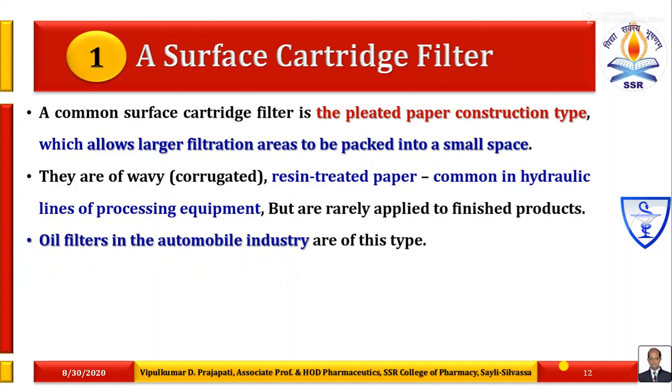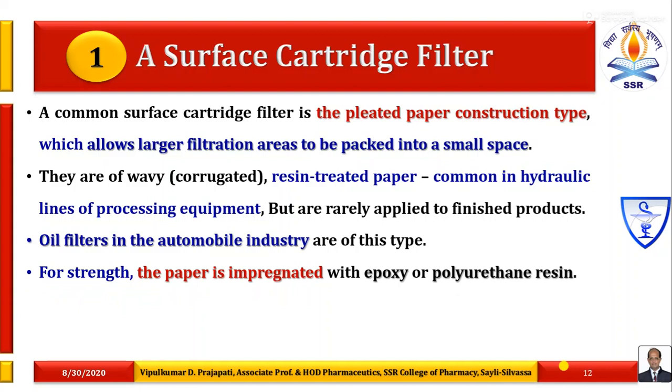Surface type cartridge filter units are commonly used as oil filters in the automobile industry. For strength, paper is impregnated with epoxy or polyurethane resin.